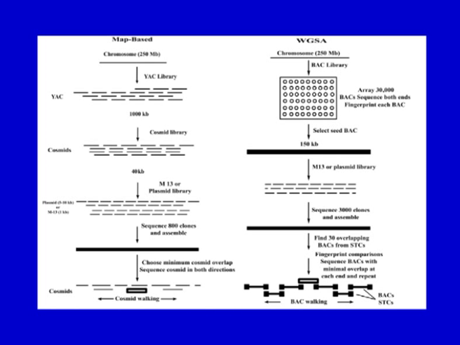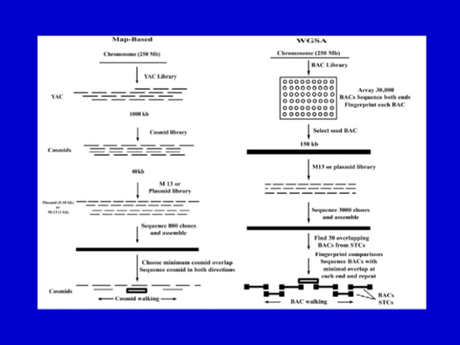So, these are two strategies compared. In map-based strategies, like we have discussed, there is a chromosome which is 250 million base pairs. First a yeast artificial chromosome library is made, and then a cosmid library, and then they are fragmented and cloned into an M13 or plasmid library, which are then chosen to be sequenced, and then cosmid walking is performed, and finally the sequences are obtained and properly arranged.